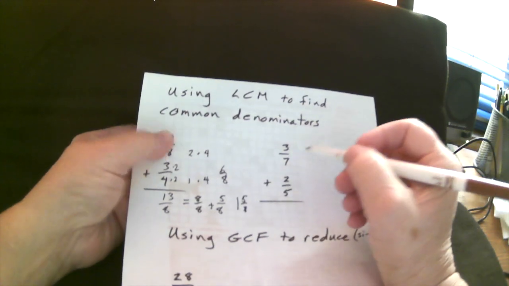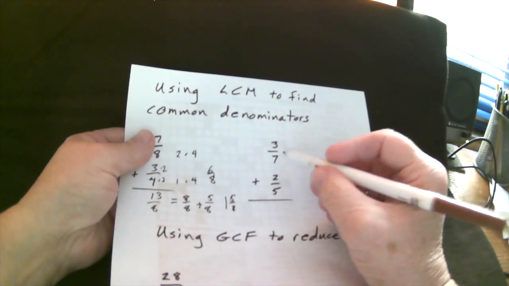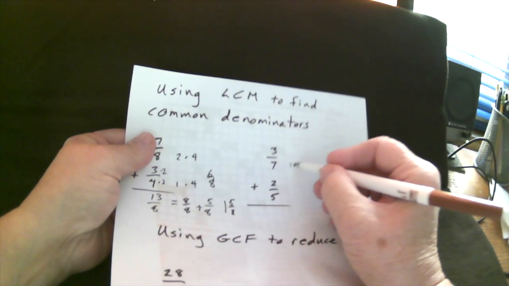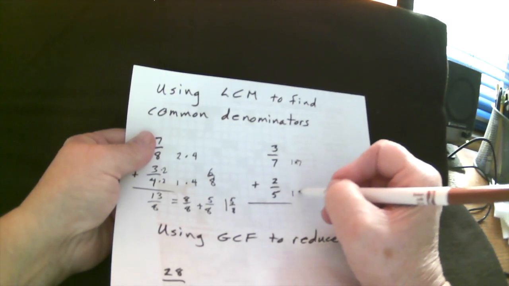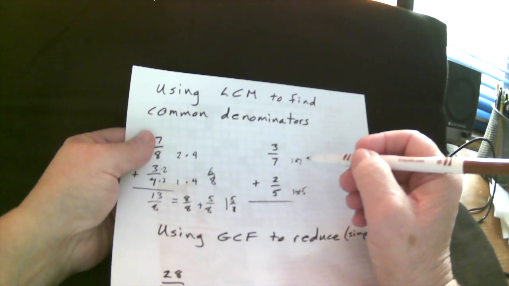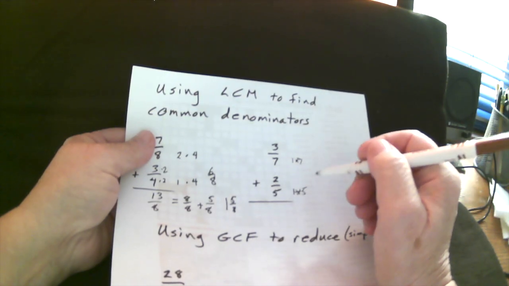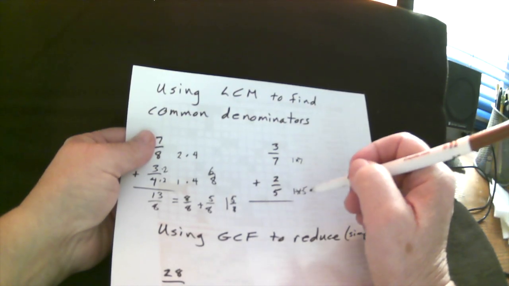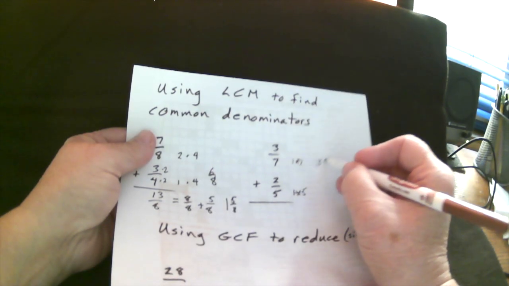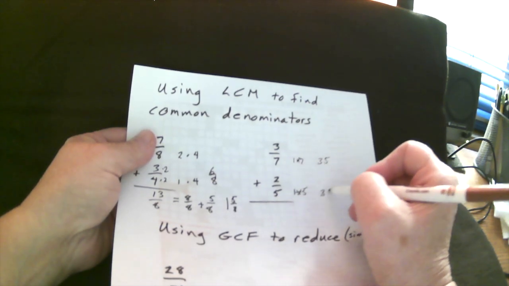To find a common denominator between sevenths and fifths, this is 1 times 7 and 1 times 5. We're going to need both the 7 and the 5. 7 times 5 is 35, so our common denominator will be 35.